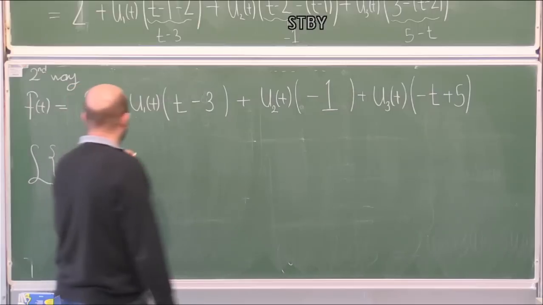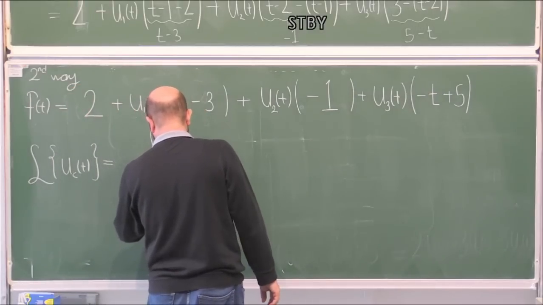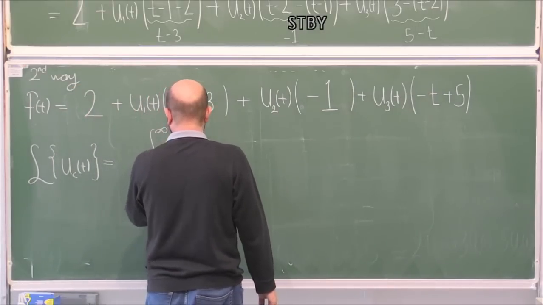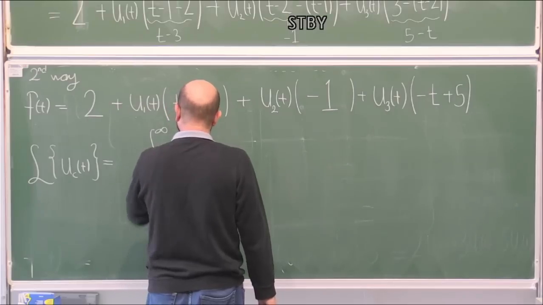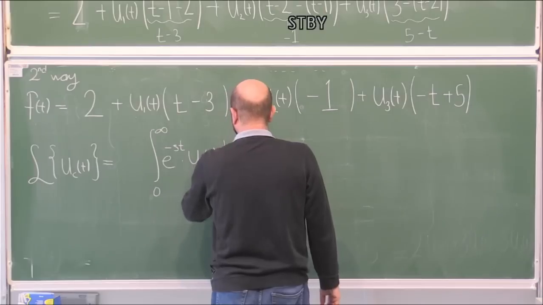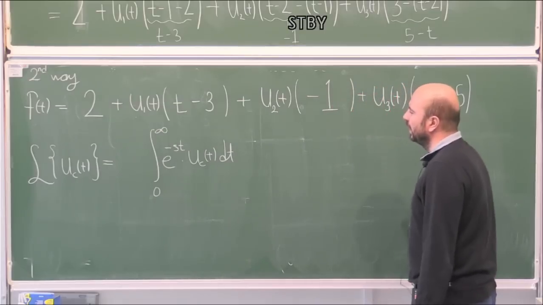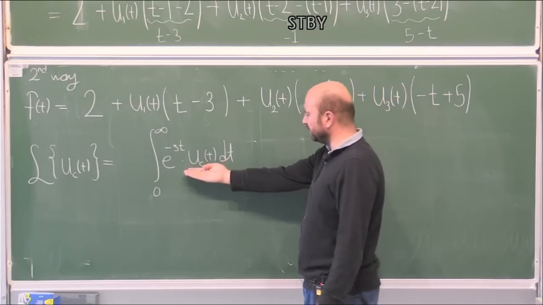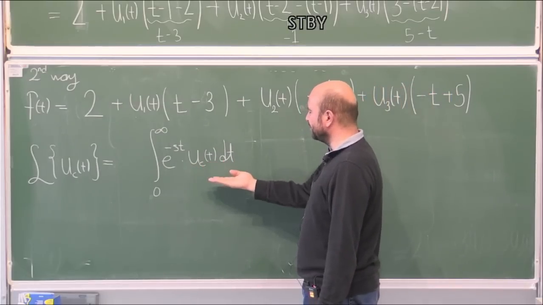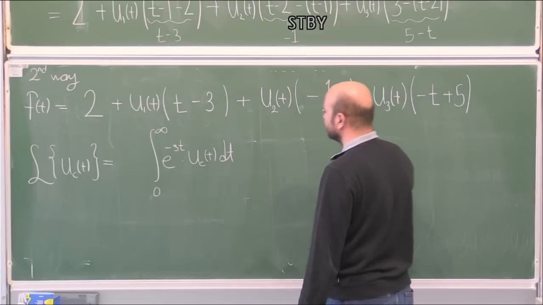So this is equal to the integral from 0 to infinity of e to the minus st times u_c(t) dt. But now if you look at this function u_c(t), this is 0 before c, after c it is 1.